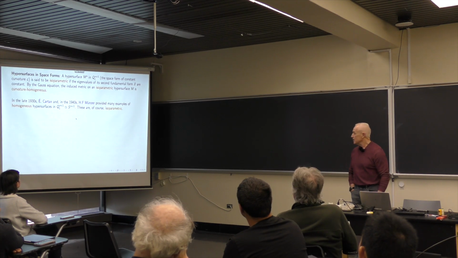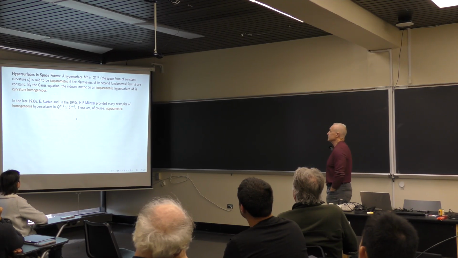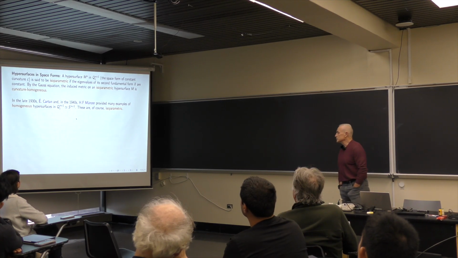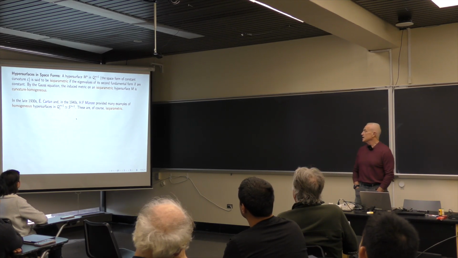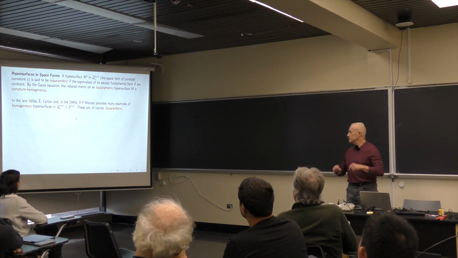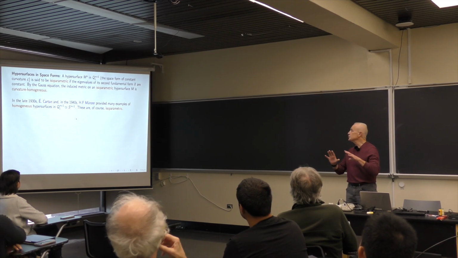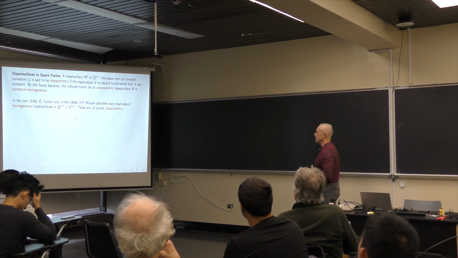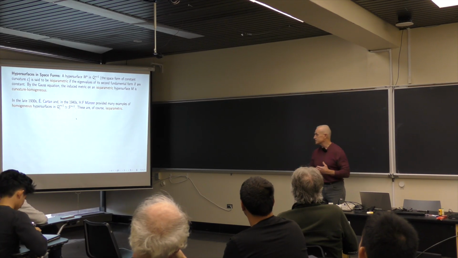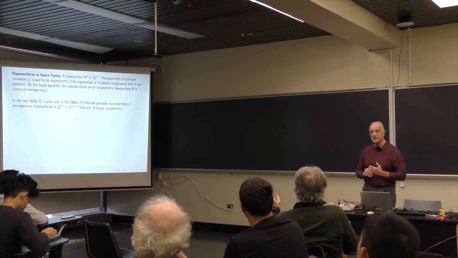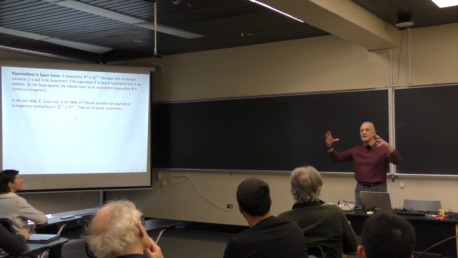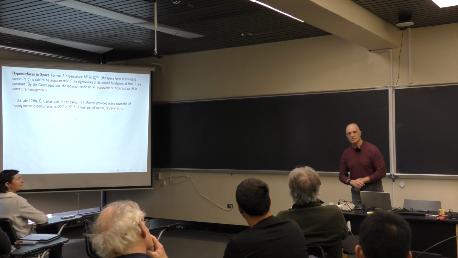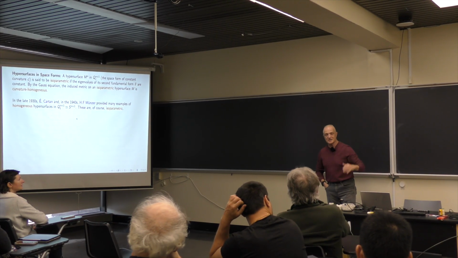And in the 30s, Cartan, and then in the 40s, Münzner provided many examples of homogeneous hypersurfaces in the (n+1)-sphere. Homogeneous means there's a group of ambient isometries that acts transitively on the hypersurface. So it's literally homogeneous everywhere.